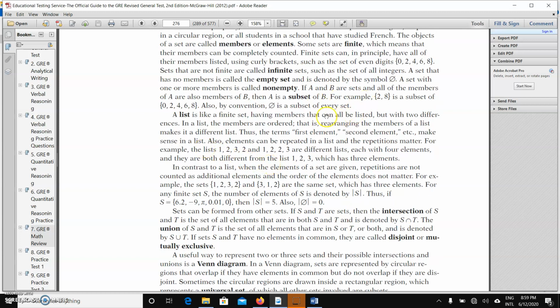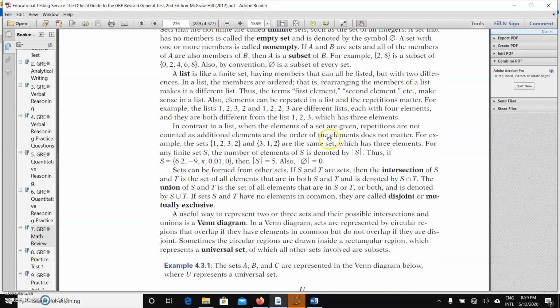Okay, let me just move on. A list is like a finite set having members that can be listed, but with two differences. Now, let's say I have a set of numbers. Elements can be repeated in a list, and repetition matters.